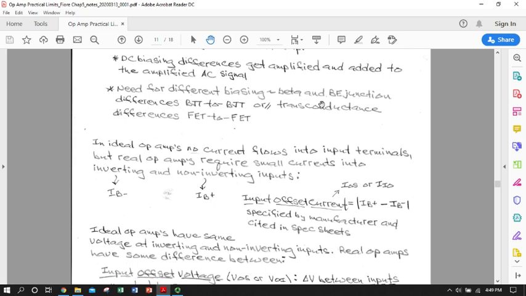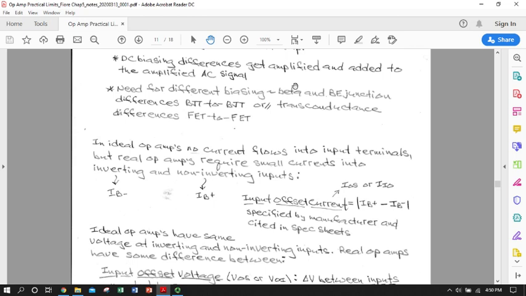Okay, so one of the things we have to remember is the DC biasing differences, which includes any of our input offsets, voltage or current. They get amplified as they go through the amplifier, and they get added to our amplified AC signal or an amplified DC signal. And we won't get into this in this section, but just as a reminder, we of course use different biasing methods for a field effect versus a bipolar junction transistor.